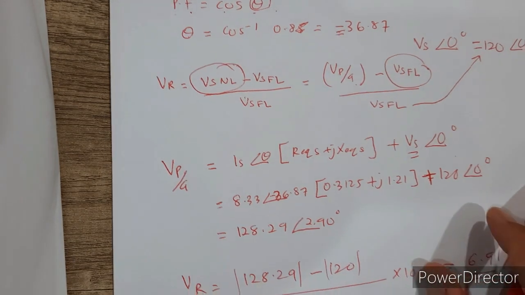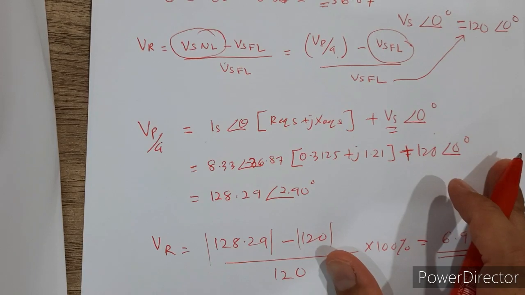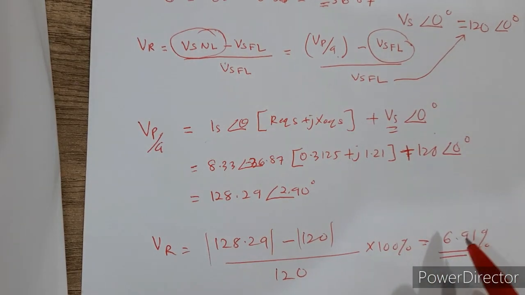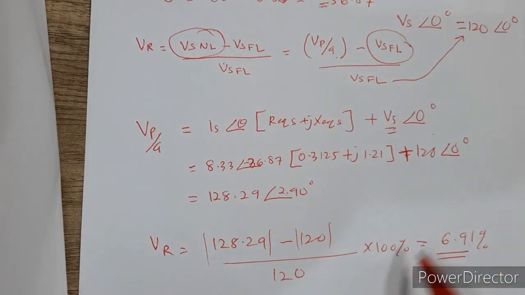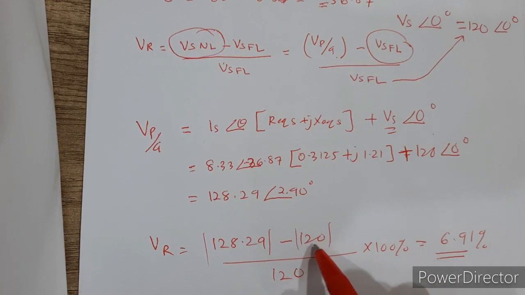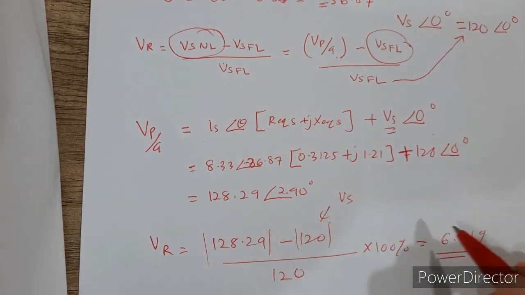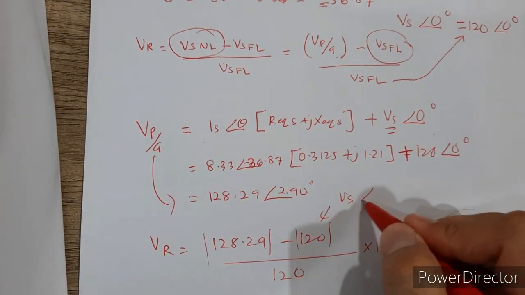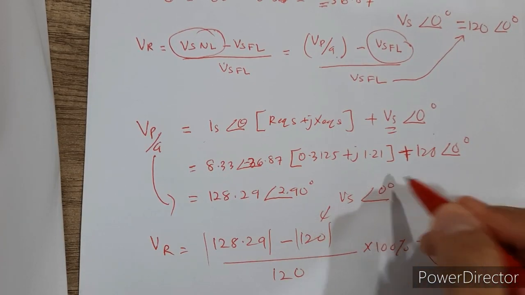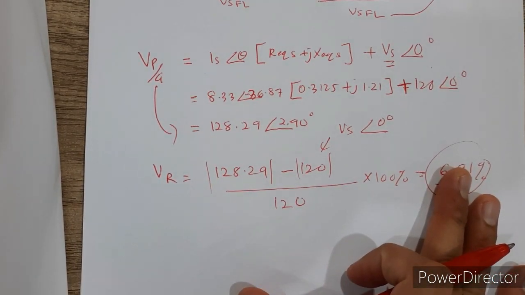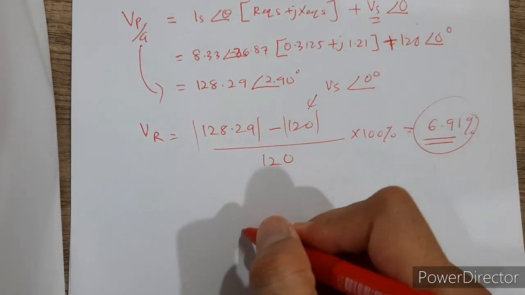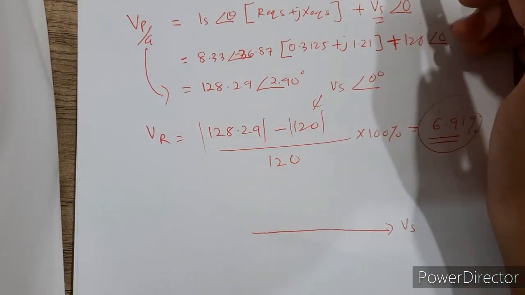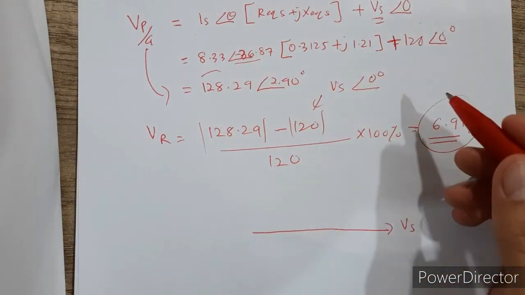Now I will show how we draw the phasor diagram. Firstly, based on all these parameters, we have VS and VP over A. VS is 120 at 0 degree, so we start by drawing VS. Then we have IS, 8.33 at negative 36.87 degree.